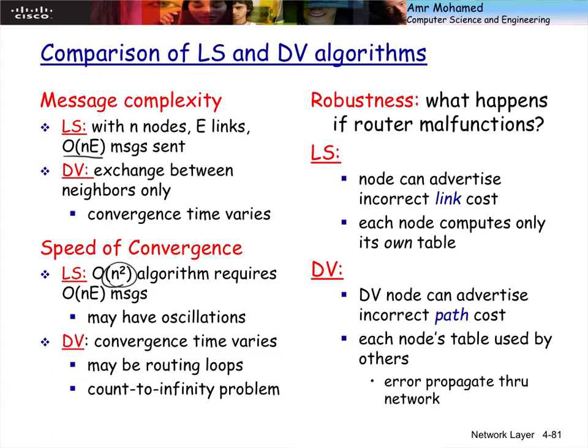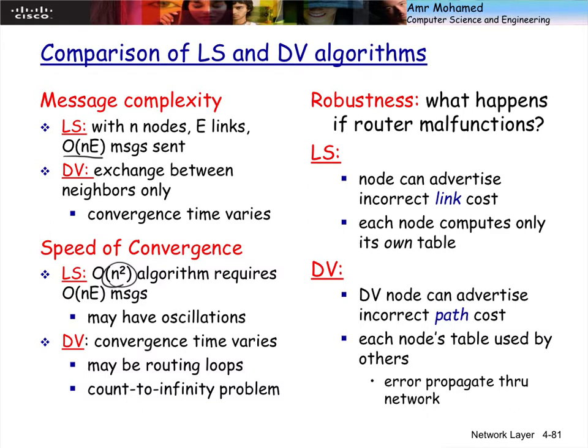And we calculated that to be O of n squared, right? So the complexity for Dijkstra's algorithm is in fact constant and fixed, because again you have the entire link states in the link state database, and you run Dijkstra's algorithm once and for all, right?